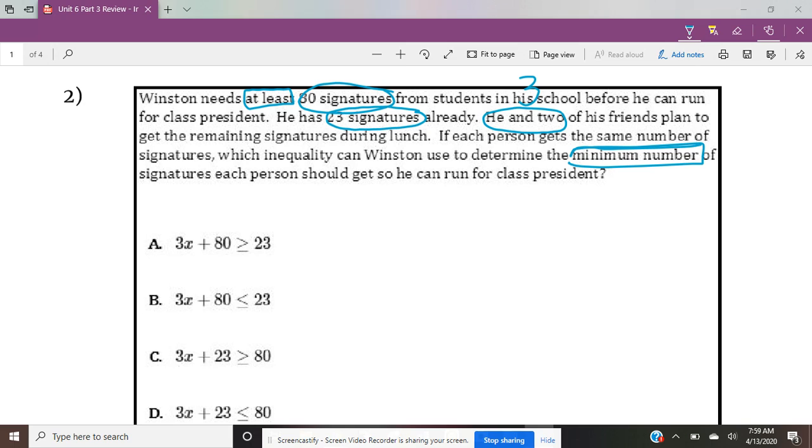Okay, so let's look at what we have. So we need 80, so I'm going to put that on the right side. Okay. 23 signatures we already have, and then him and 2 friends. So I want you to also box each. So each person is going to get the same. So we have 3 people times however many signatures they need.